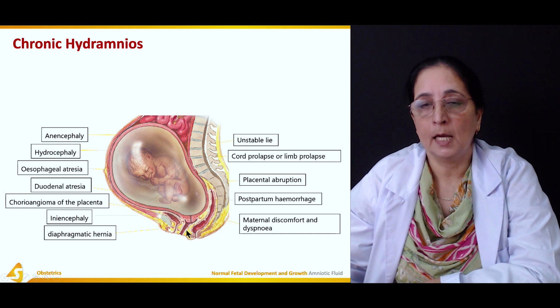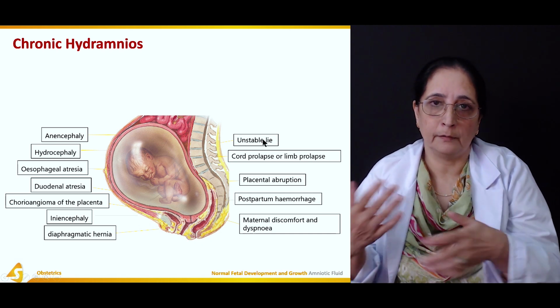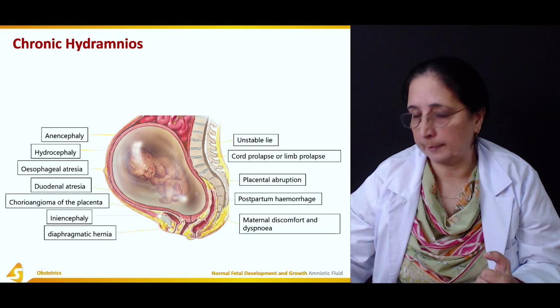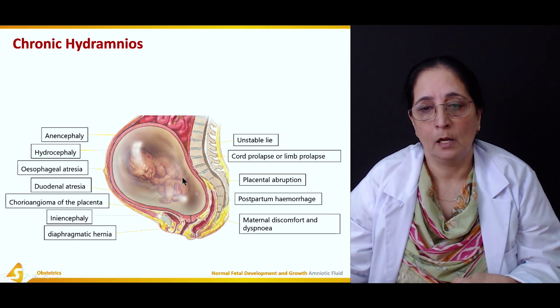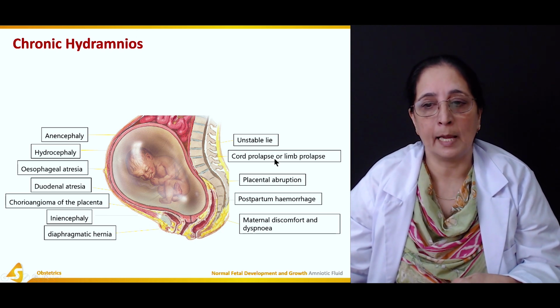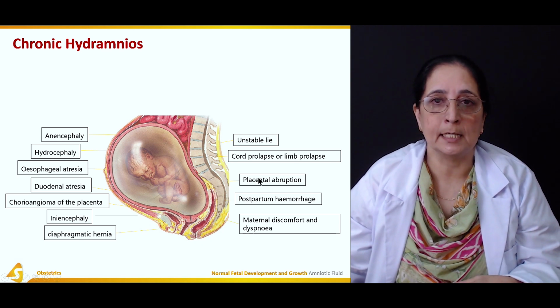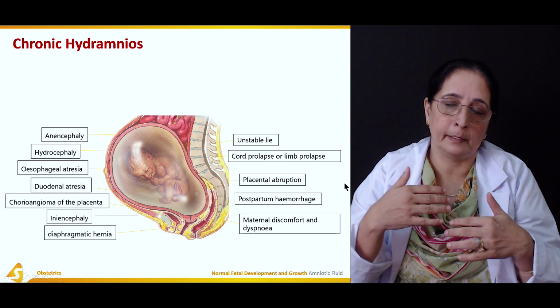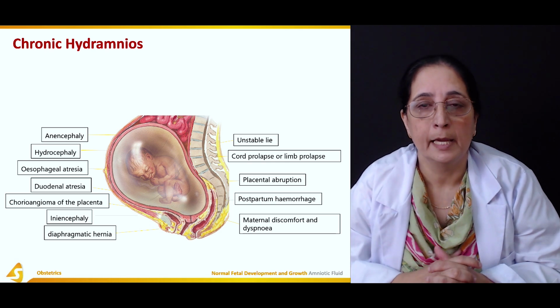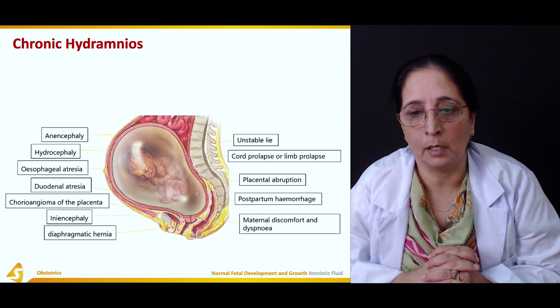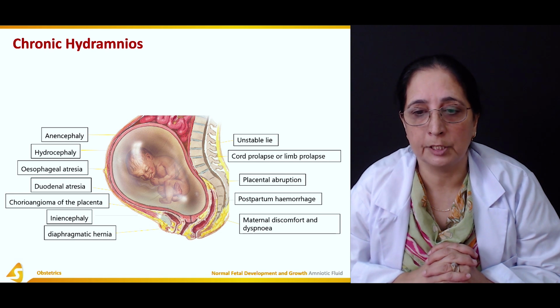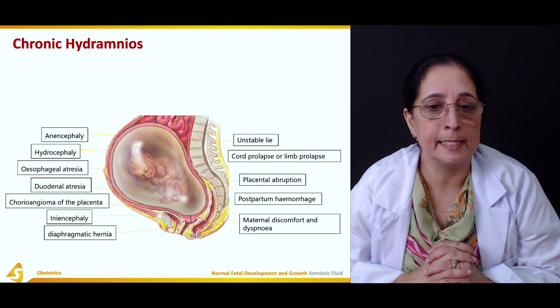Then there may be unstable lie because of constant movement of the baby in excess fluid, cord prolapse or limb prolapse, abruptio placenta, where the placenta is separated from the wall, postpartum hemorrhage, maternal discomfort, and dyspnea.